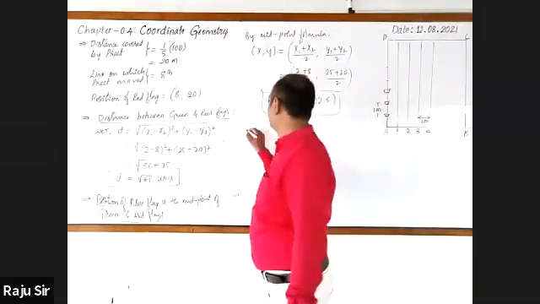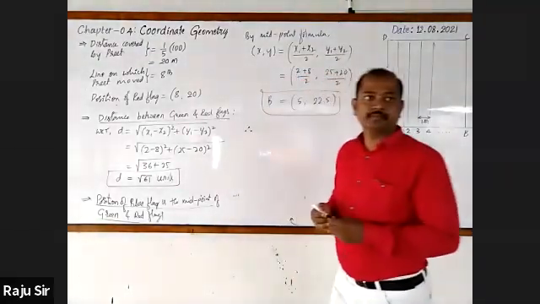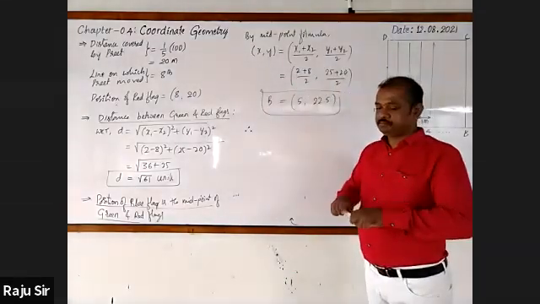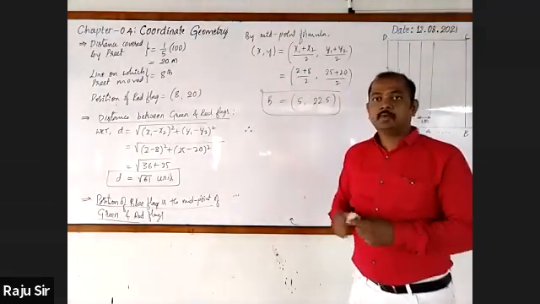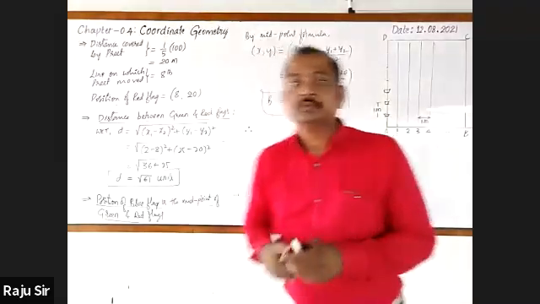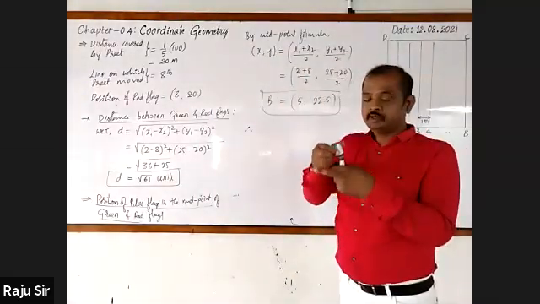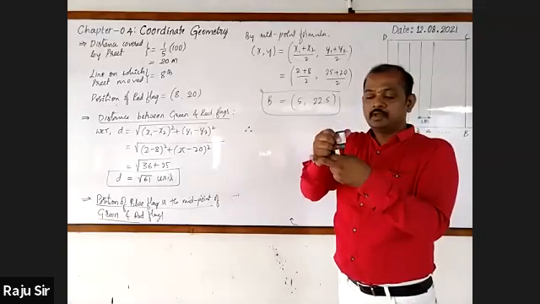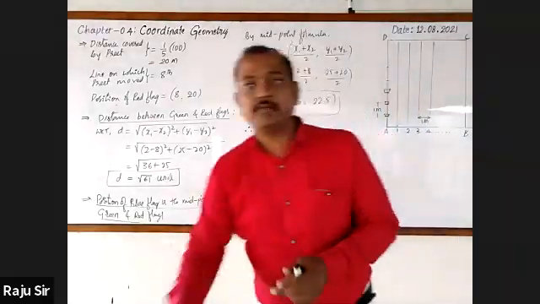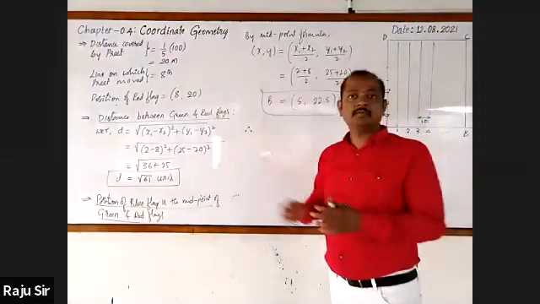Now, let us write the conclusion. What is the first conclusion? The distance between green flag and red flag is root 61 units.